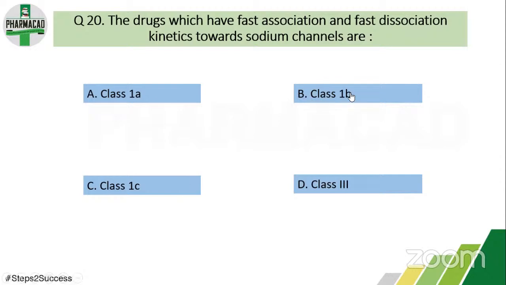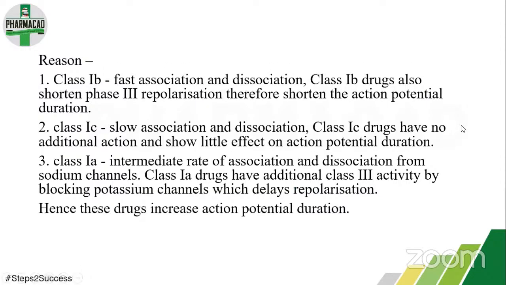Now, if you know the mechanisms of these three drugs properly, you will know that the answer here is class 1B. Now, why is this so? Let's look at the reason. So class 1B has fast association and dissociation. So what does this association and dissociation mean?